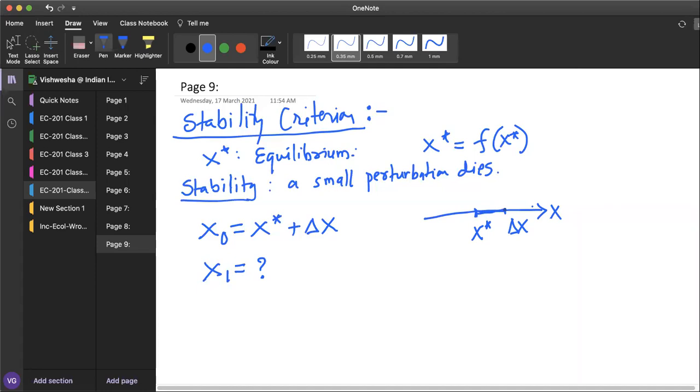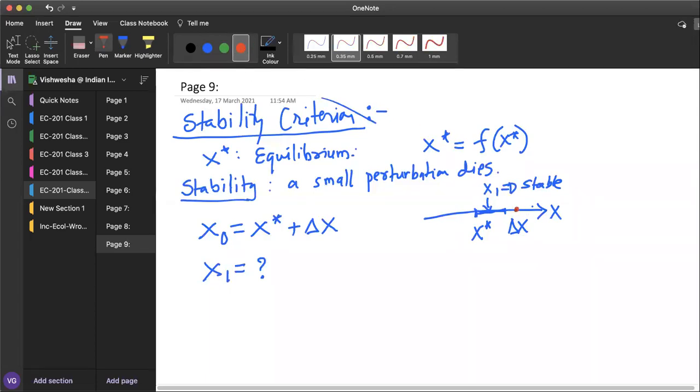So X0 is here, which is X star plus delta X. We want to know what happens to X1. If X1 is somewhere here, that means it is stable. Do you agree? Let us say X1 is at a value somewhere here.